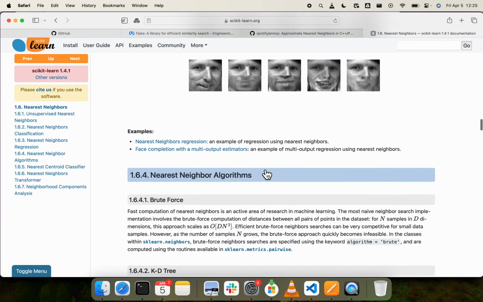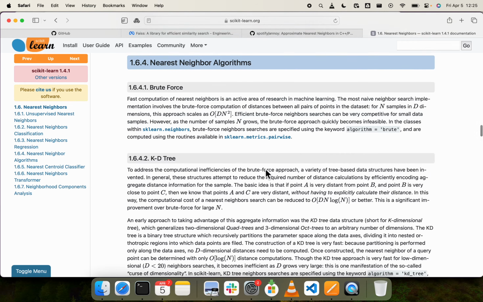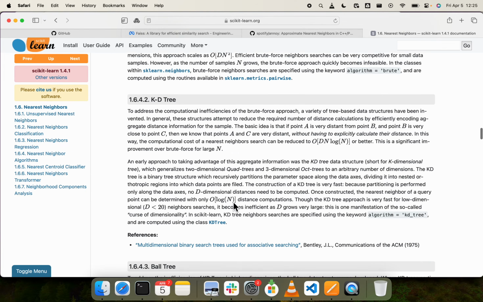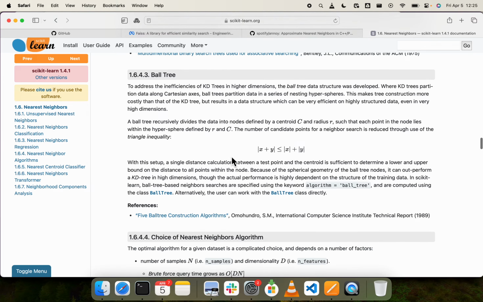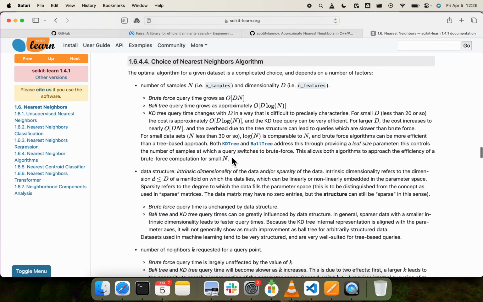Right, so to talk about the brute force algorithm, here they've written dn square because they're looking at all pairs of examples. So therefore, just multiply that dn with n. And then they mention these algorithms, KD tree, and why ball tree is a better algorithm. And this is very interesting, where they mention how they figure out the optimal algorithm given some n samples and some dimensionality d.